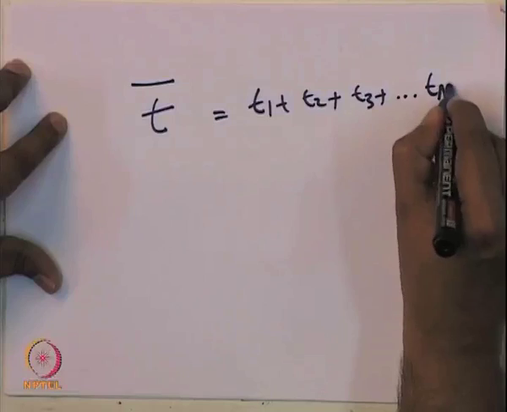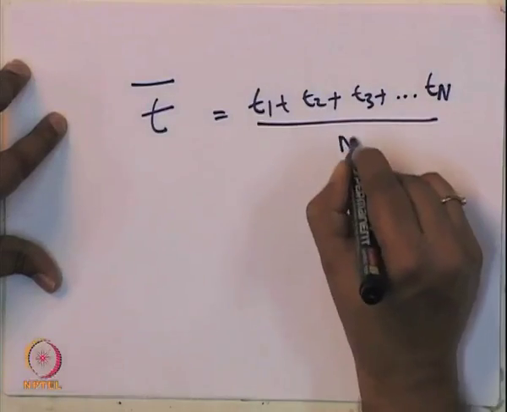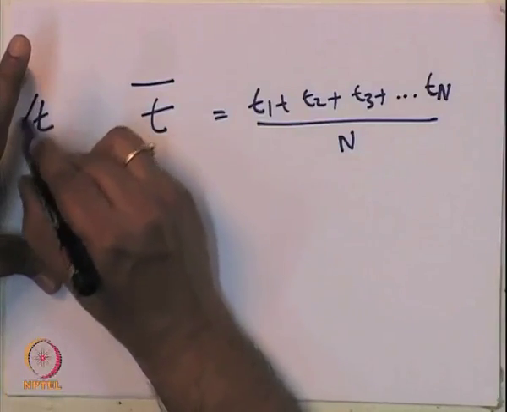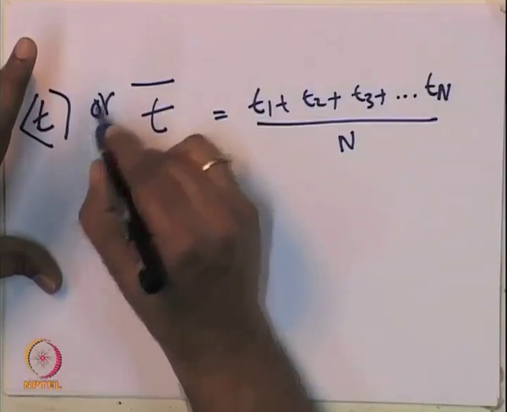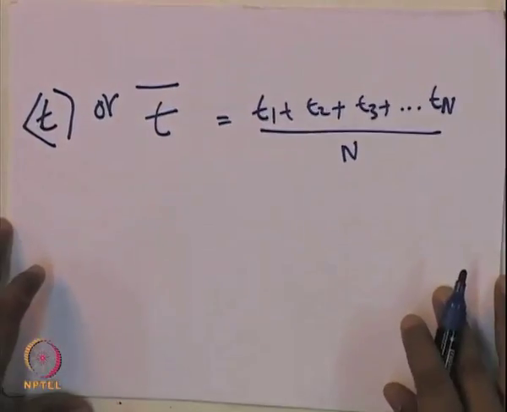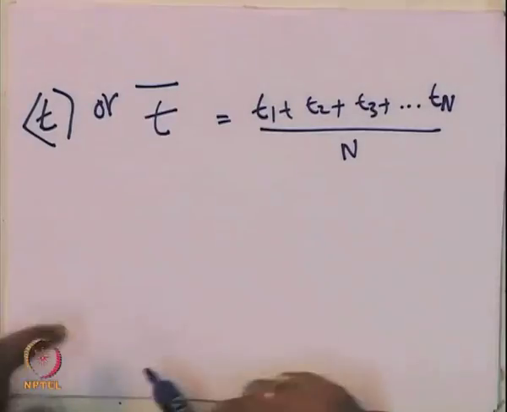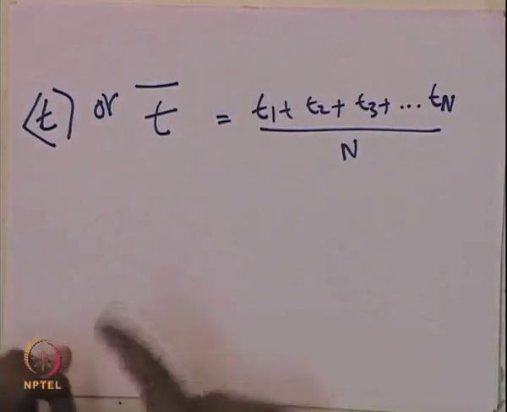You can take many, n, experiments and divide by n. Both mean the same, T angular bracket or T bar. These are typical notations for T average, the average time, and this is the answer.